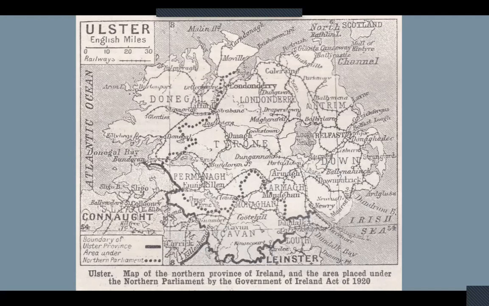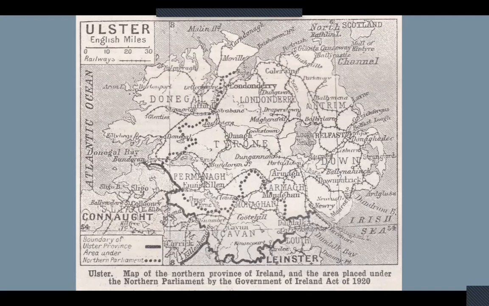The thick continuous line, rather than the dotted line, is the actual provincial boundary of Ulster. So as you can see, there are 3 counties of Ulster within the Irish Free State or the Republic.